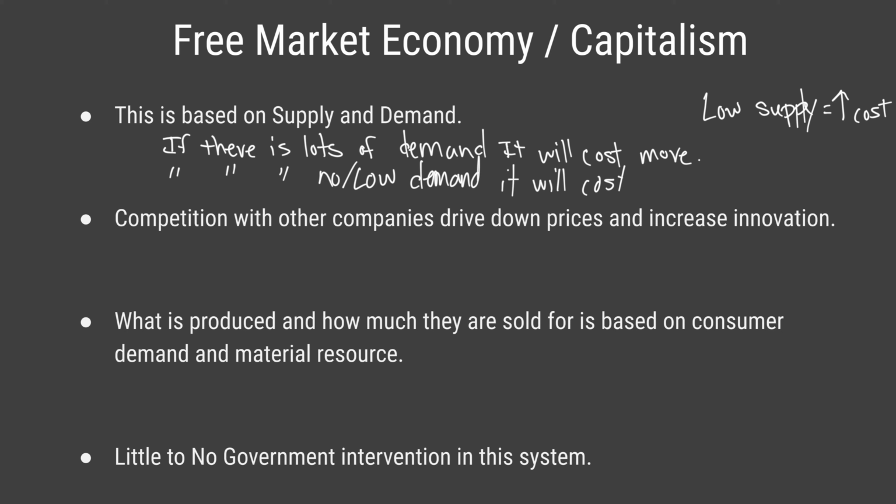And low supplies typically means I need to pay more money for those resources as well. High numbers of supplies means you can lower cost. So it's this balance of the supplies and the demand that determine how much something costs in a market economy.